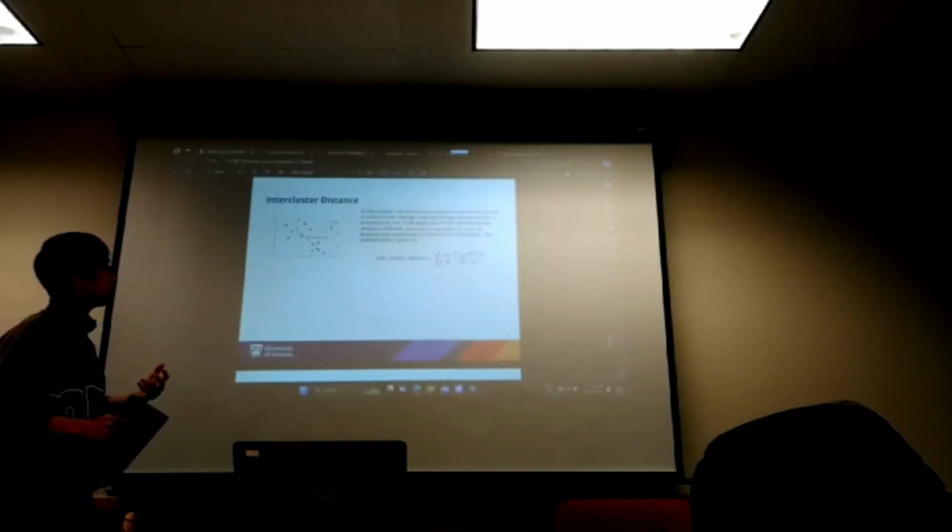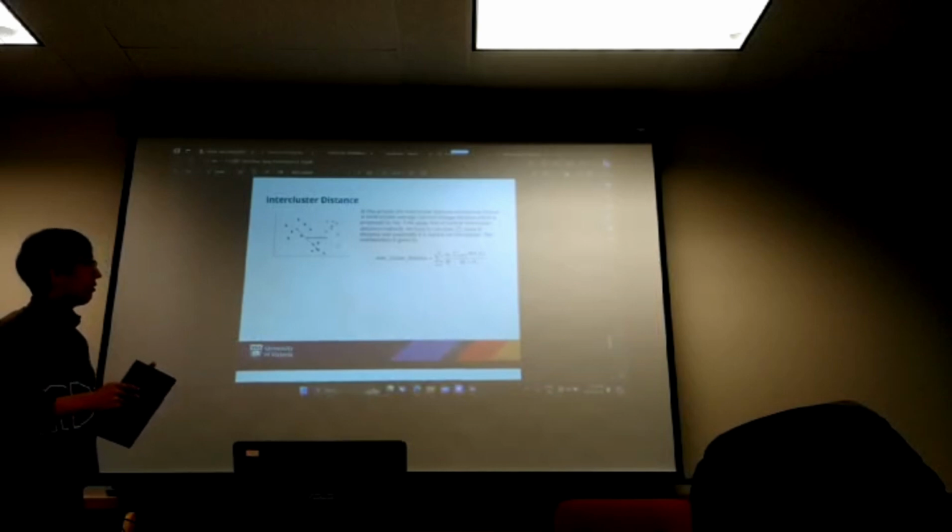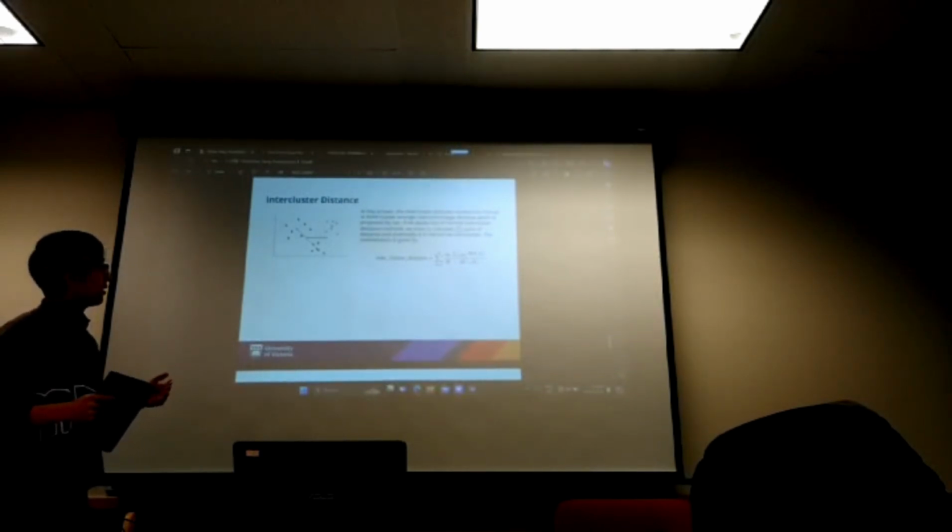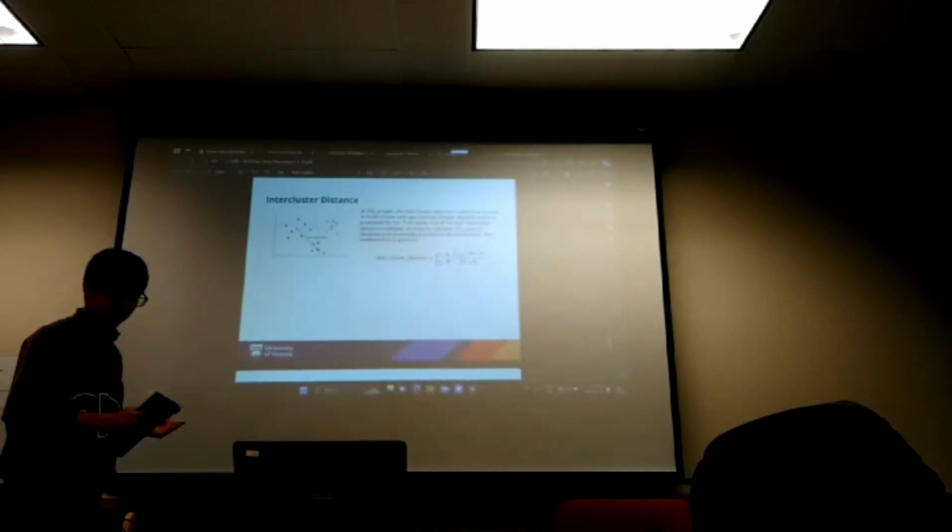We will get the mean inter-cluster distance. And we compare all the mean inter-cluster distances, from the largest one. The largest one means this algorithm has the best clustering.